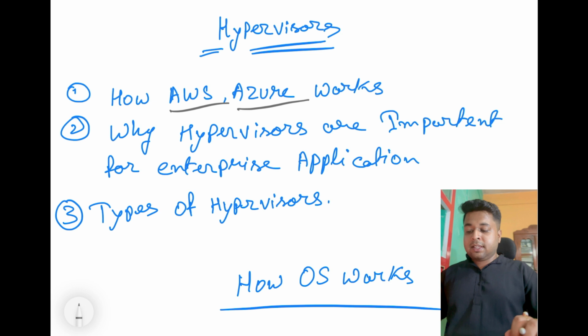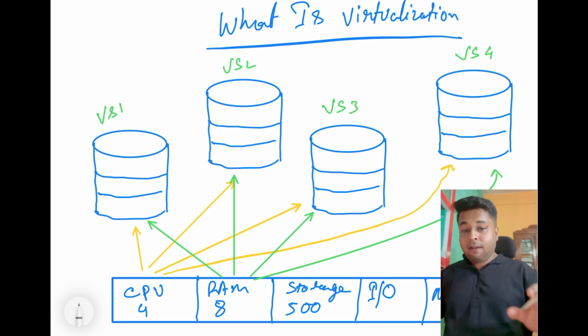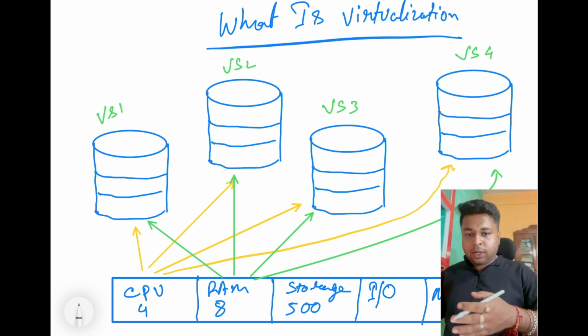The answer is they basically use hardware virtualization. So what is hardware virtualization? Hardware virtualization is basically a way in which multiple hardware units are connected together like a cluster.